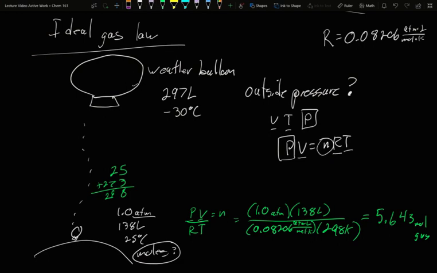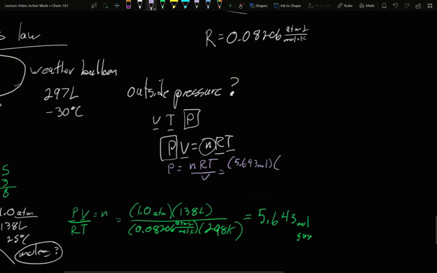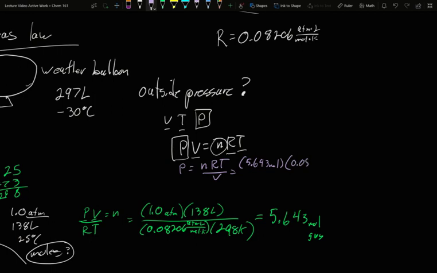And so I can plug in, rearrange for pressure. Well, my pressure should equal nRT divided by V. If I want to get pressure on its own, I need to move the V over. So I have to divide it on both sides. 5.643 mole, R value 0.08206 atmospheres, liters over mole, Kelvin, temp, minus 30 Celsius.